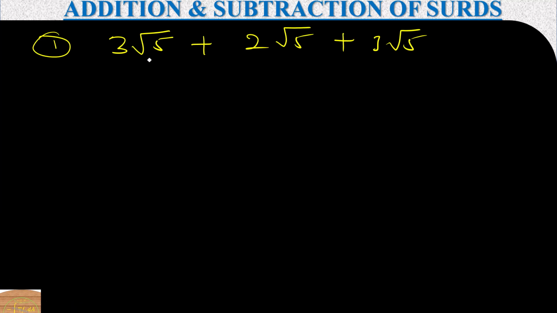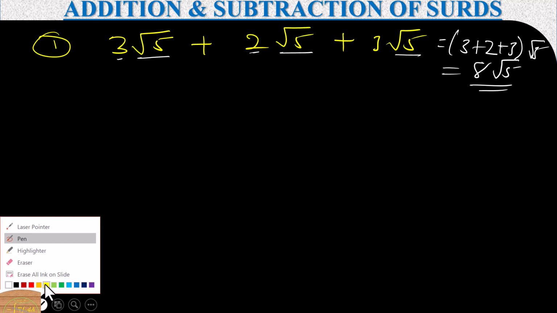Now we have root 5, root 5, root 5, so we can put them together. So we have 3 plus 2 plus 3, which is 8. So we have 8√5.